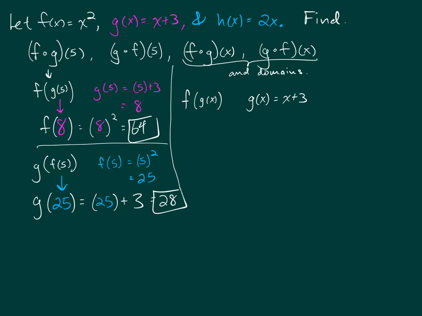I don't have a number anymore, but I know that I can still rewrite g of x as x plus 3. So what is f of x plus 3? What does that mean? Well, if the input changes, then it changes the x's everywhere. So this x plus 3 that's here will also go here, x plus 3.